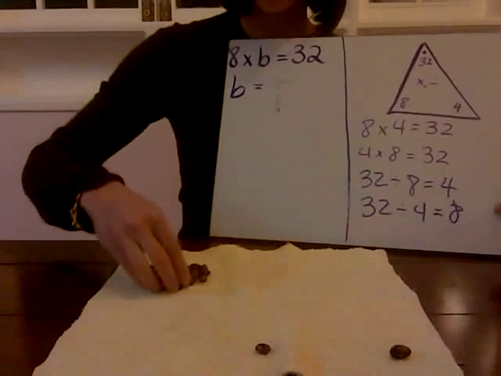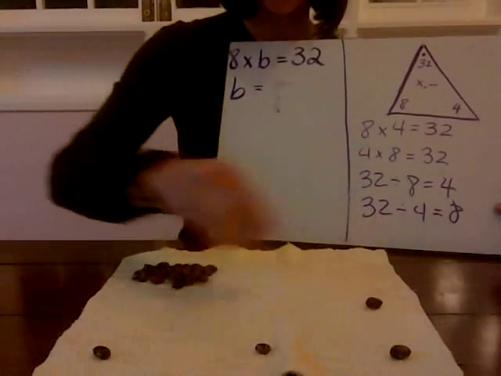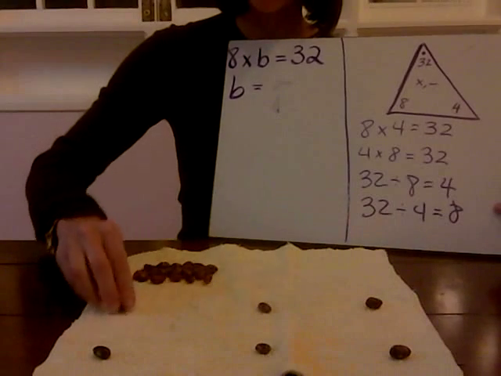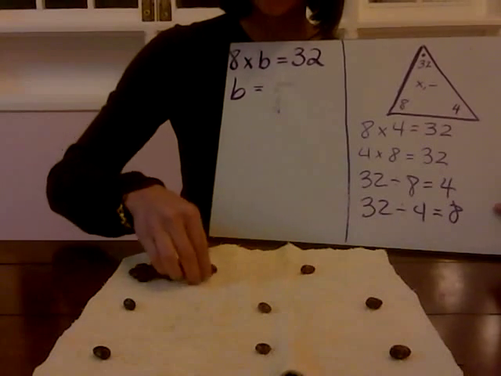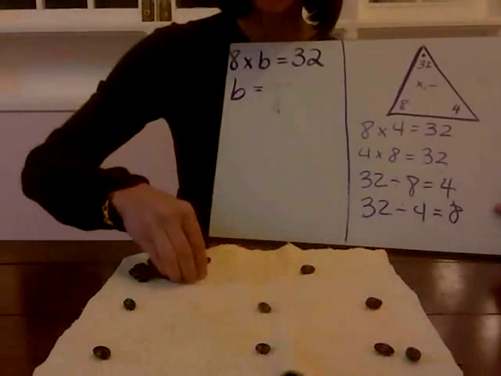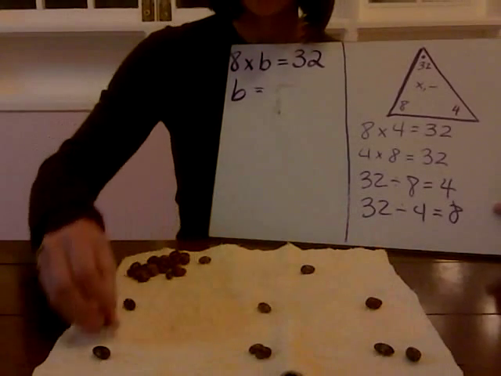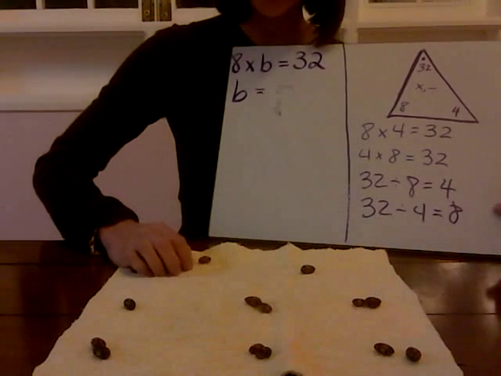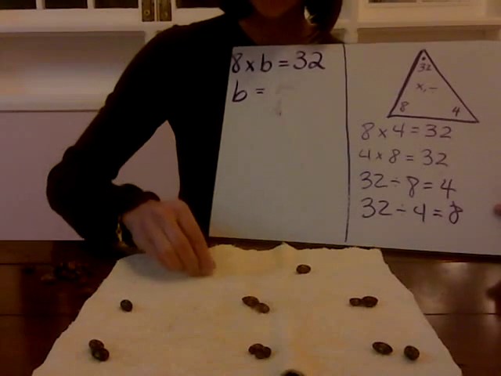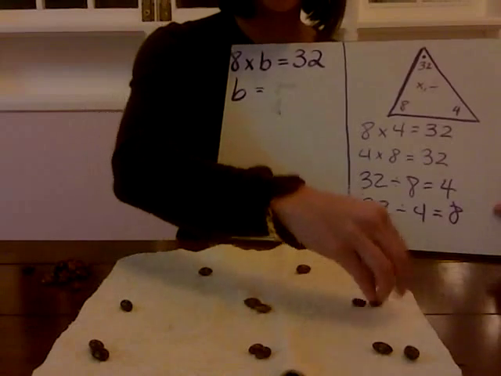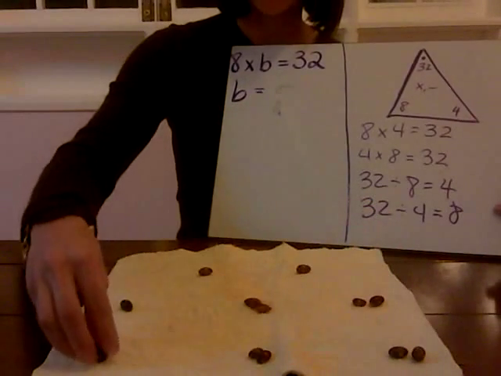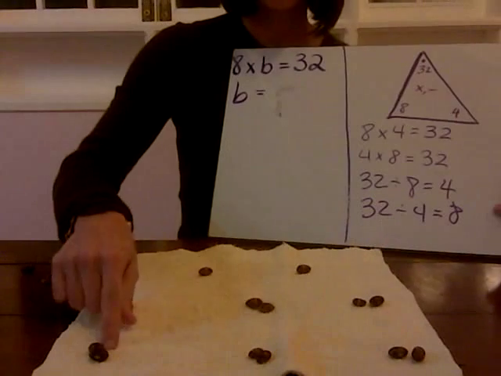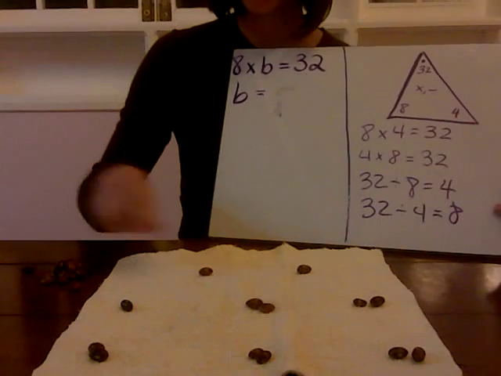Notice that I'm taking all my beans and I'm putting them into separate groups, and that I have 8 groups in total.